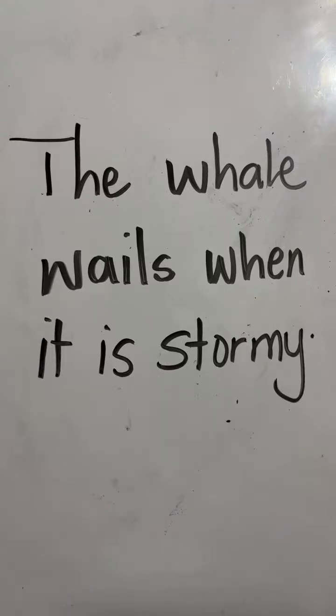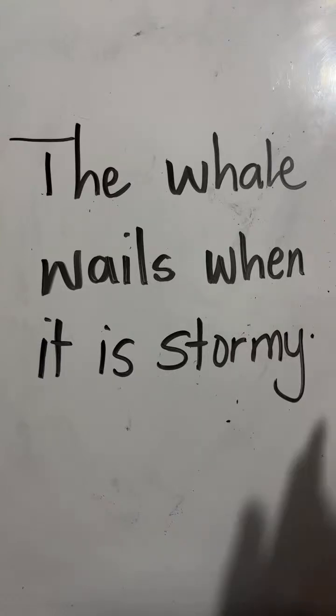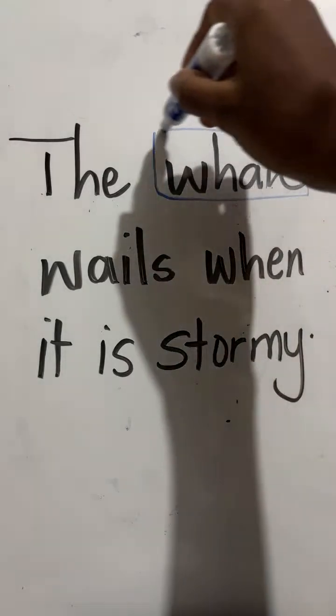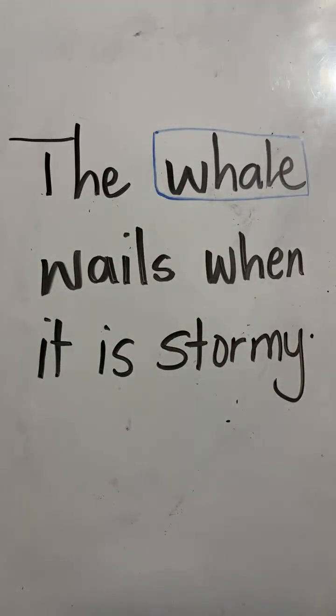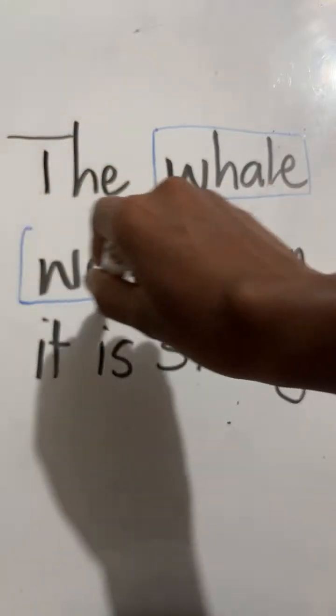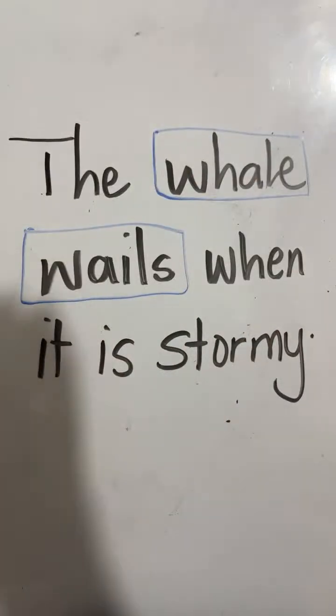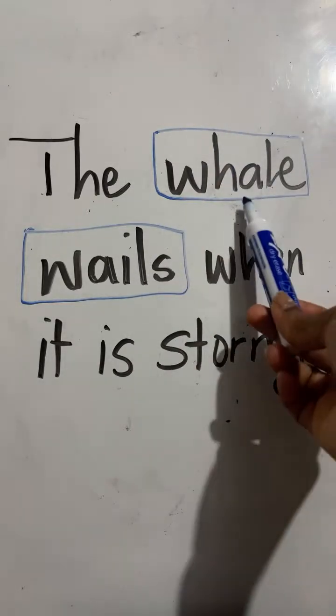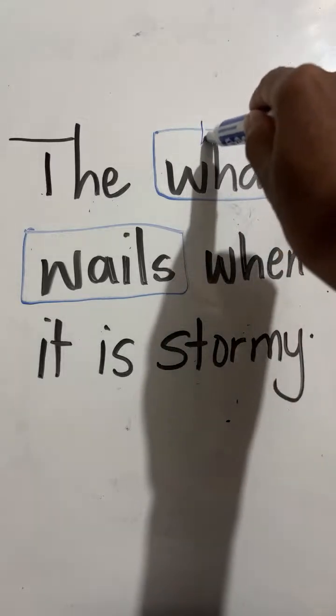First, whenever you're reading, always be careful to look for the words that you have studied. We studied this one. Can you find the other one? We also studied this one. When we look at these two words, we already know them. This one says whale, as in the animal.